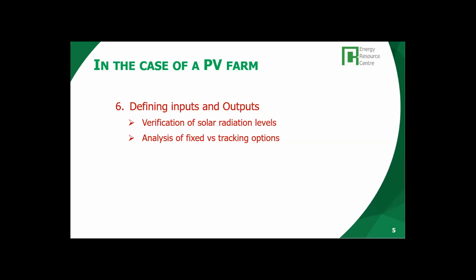So the next step would be to understand the feasibility of the inputs and the outputs of the PV farm. And basically, we want to highlight two aspects here: the verification of the solar radiation levels.